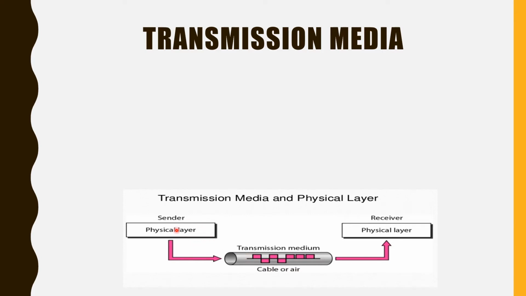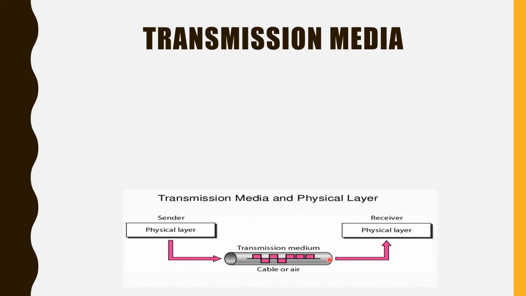We know that a computer always stores data in a binary, digital format. This medium transfers that digital data as pulses, carries it through the medium, and sends it to the receiver.